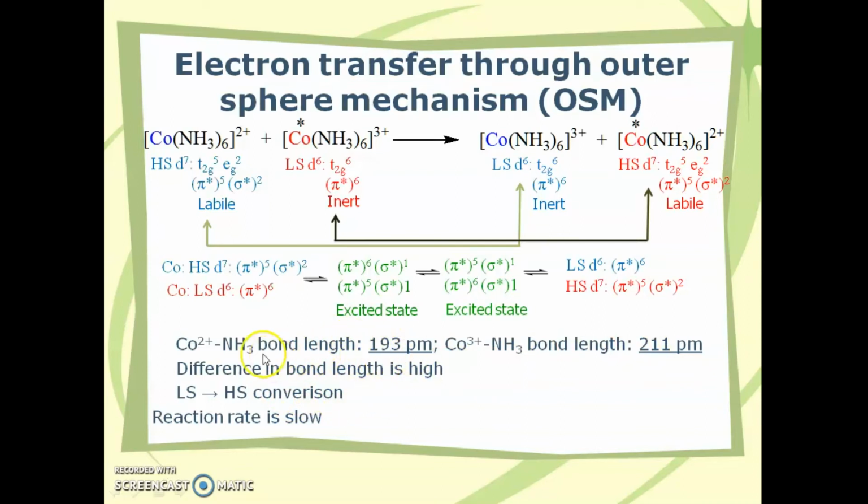One is the large variation in the bond length and the other one is the interconversion of high spin and low spin complexes. So the labile complex is converted to an inert complex and the inert complex is converted to a labile complex. Because of these factors, the reaction rate is slow, but the mechanism is outer sphere mechanism only.